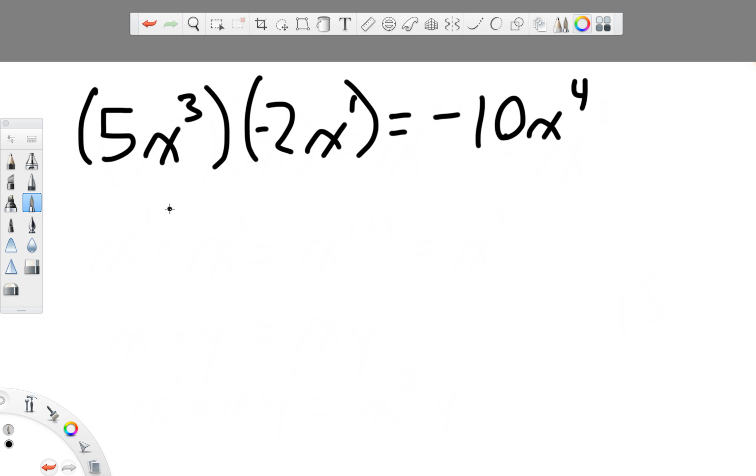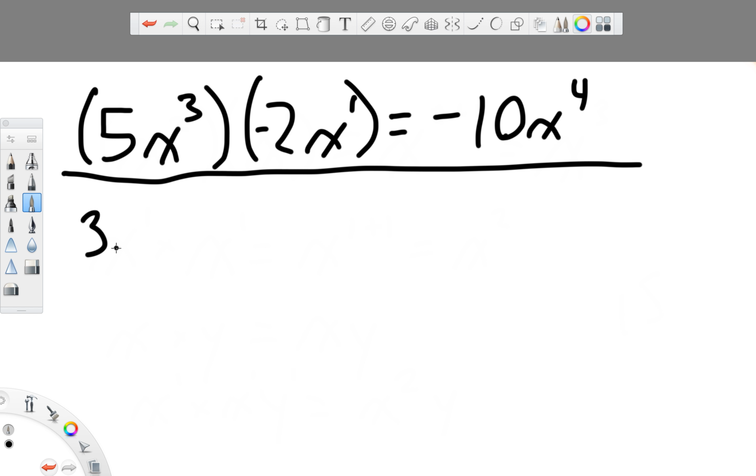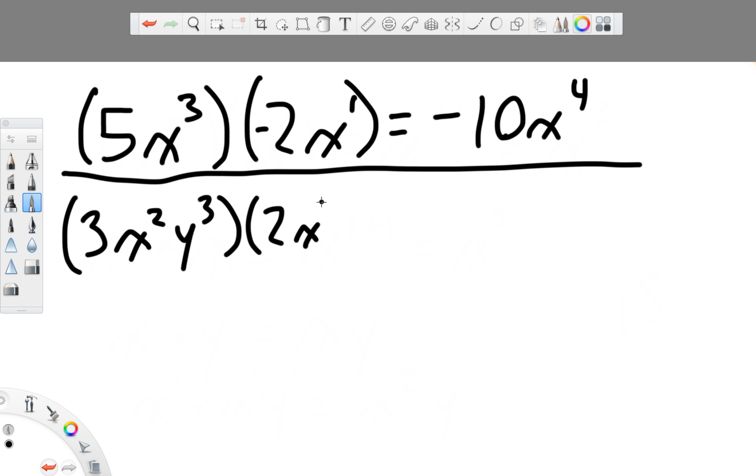Let's try a more advanced one. For example, 3x squared y to the power 3 multiplied by 2x to the power 4 times 1 y.